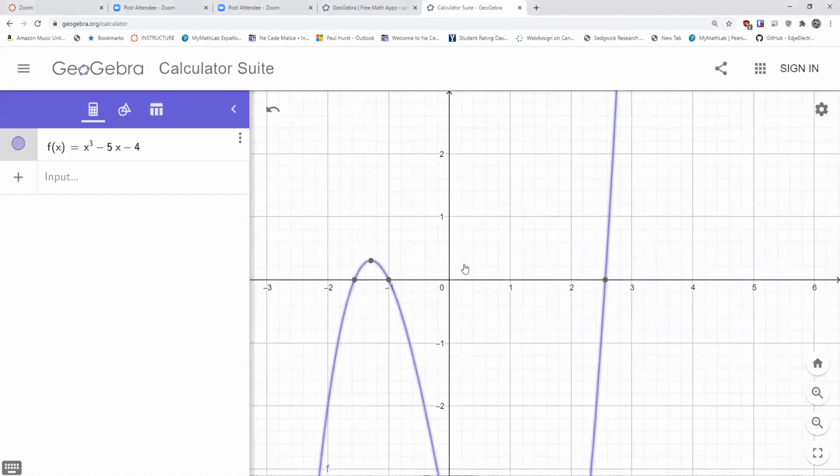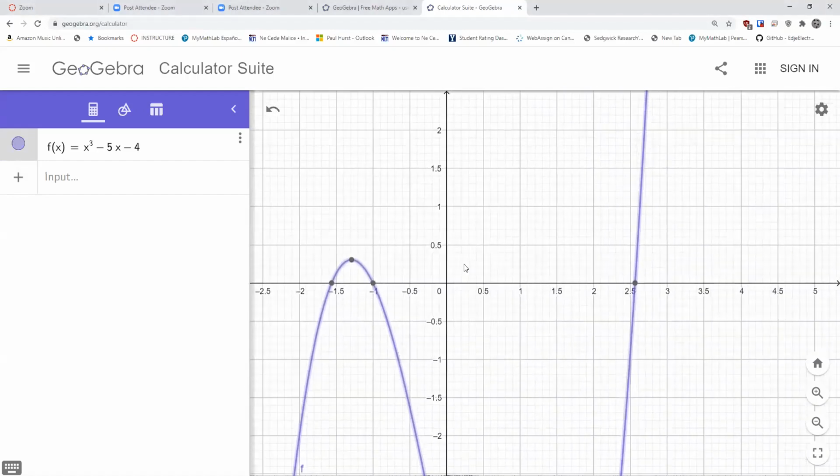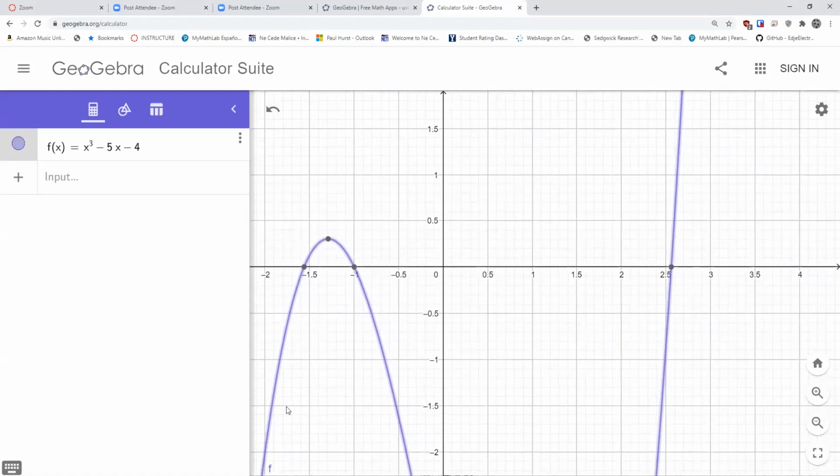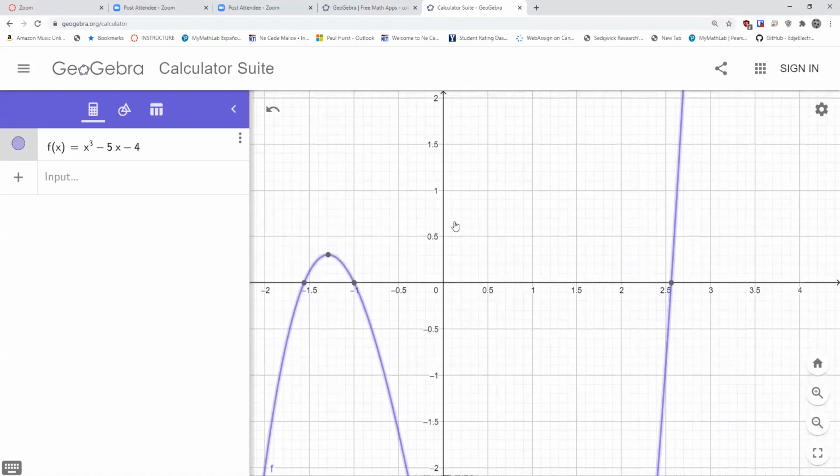Unfortunately, I can't get Geogebra to give me exactly that window, but this is roughly what it would look like. Right there. So this would be roughly what I would see, except I wouldn't see this part over here. I would just see this right there, like that.